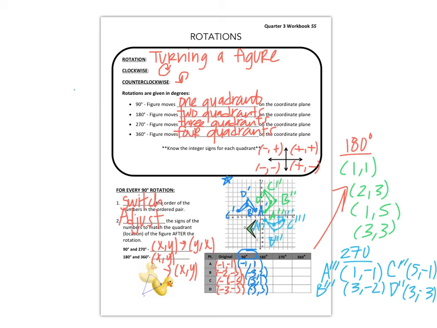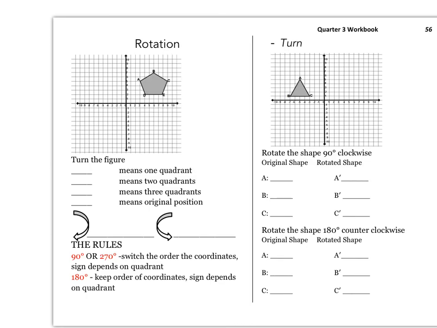Alright, so check yourself and make sure that you got everything correct. Again, big thing, 90 and 270, flip the x and the y. 180 and 360, x, y stays in the same order, but regardless, you always have to adjust the signs based on which quadrant that you land in. Alright, so page 56.